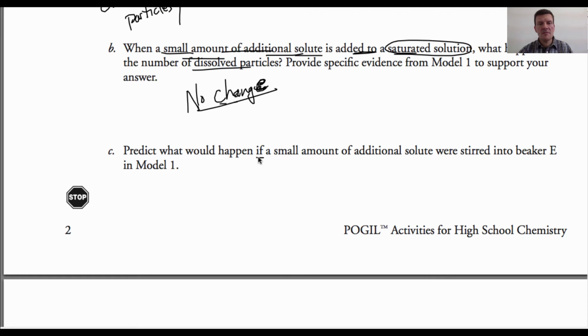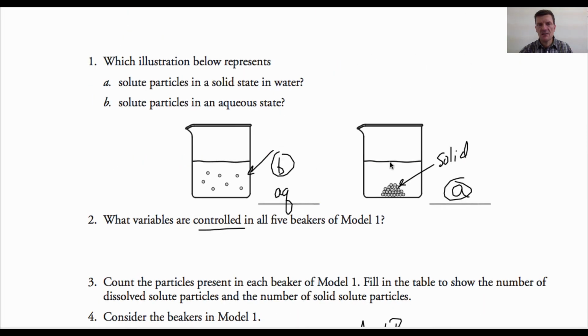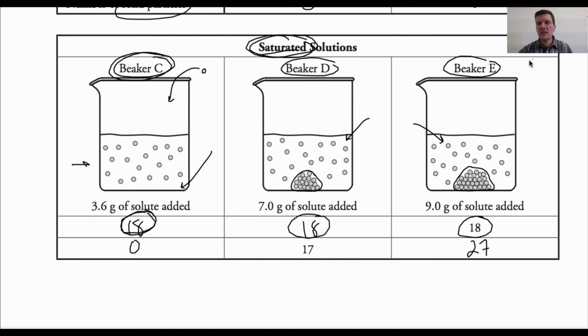Predict what would happen if a small amount of additional solute was stirred into beaker E in Model 1. If you have additional solute, meaning like your salts, your NaCl, if I try to put more into beaker E, and I add more and more of this solute, I'm going to end up seeing more and more solid form at the bottom of your container.